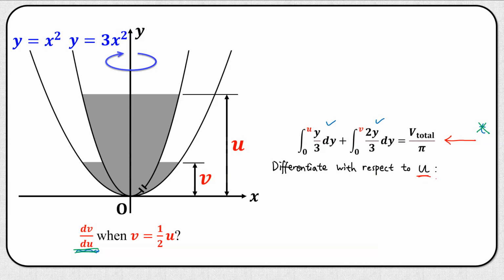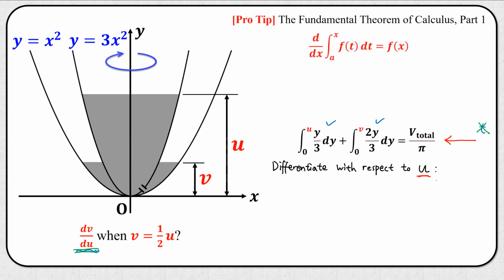When doing so, we use several important properties. The first one is often called the fundamental theorem of calculus, the first part, which can be interpreted as the formula for the derivative of the function defined as a definite integral with variable x in the upper bound. So by this property, the derivative of the first term is simply u over 3.